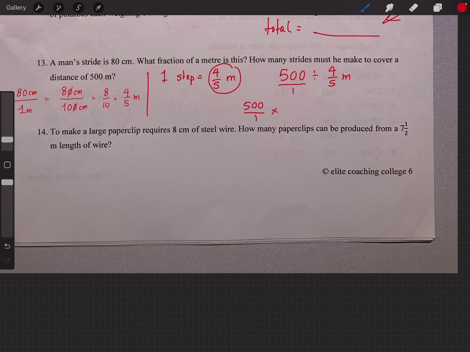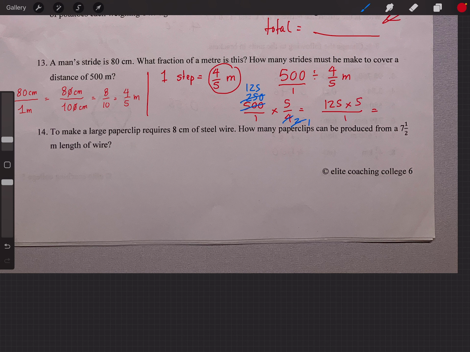So we times it by flipping the second fraction. It'll be 5 on 4. Okay, what can we do here? We can divide the top and bottom by 2. This will be 2, this will be 250. I can divide it by 2 again. This will be 1 and this will be 125. So now you have 125 times 5 over 1 times 1 is 1.